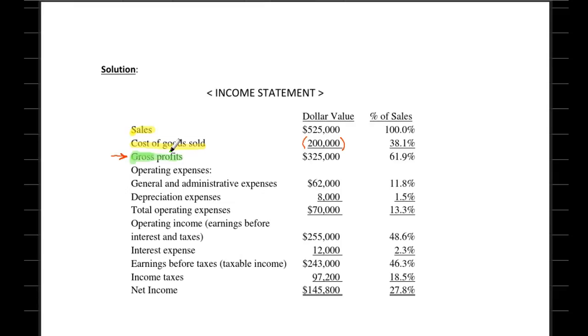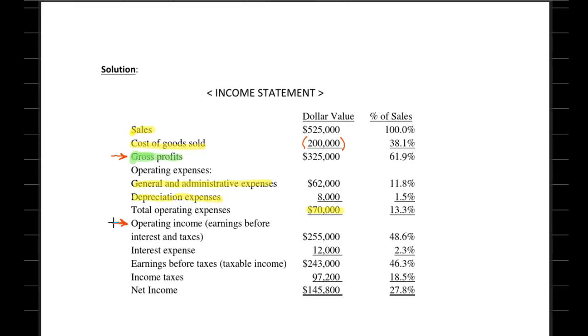Then we look into our expenses, and if you remember, we had two operating expenses, including general and administrative expenses and depreciation expenses. The total sum for these two figures is $70,000, and therefore we can find the next number, operating income.